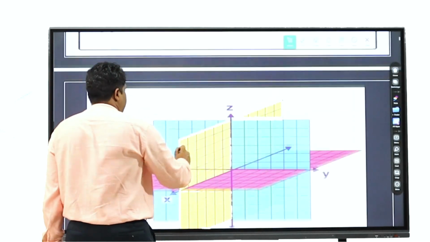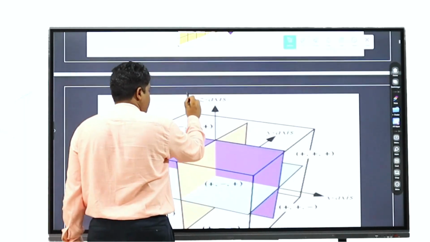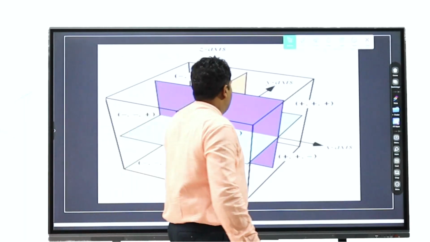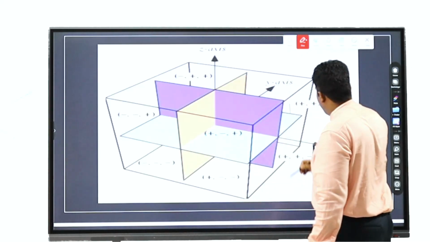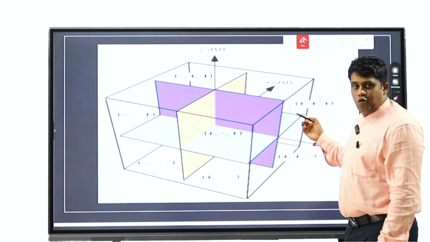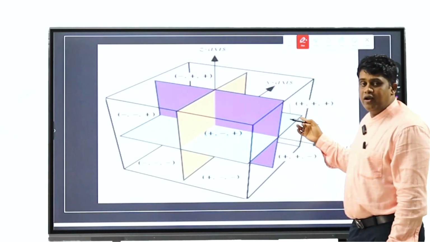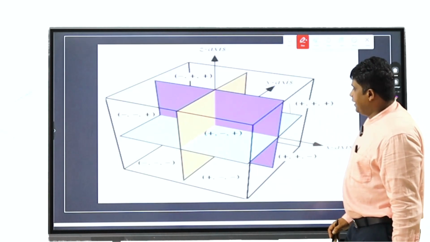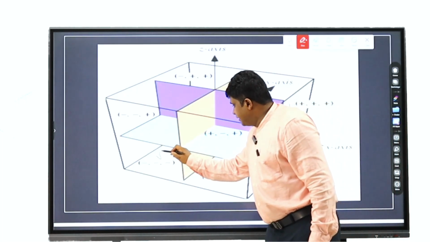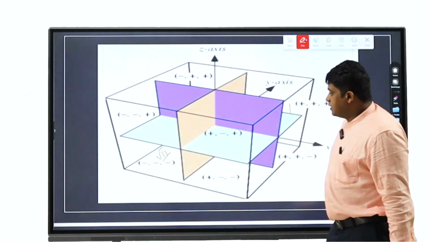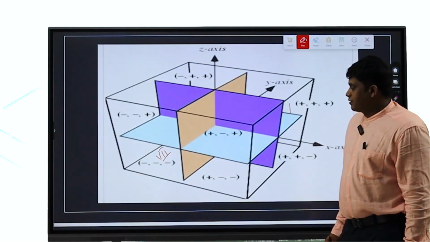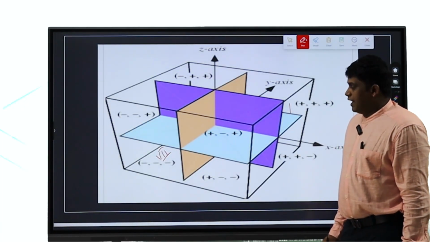Here you can see this is the first octant. All the coordinates, x, y and z, are positive. And what about the seventh octant? In the seventh octant, all coordinates x, y, z are negative.